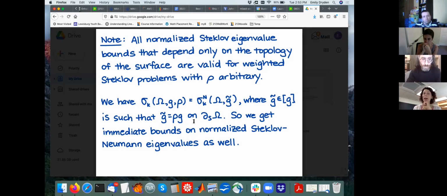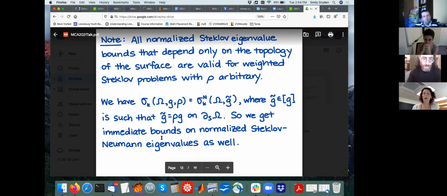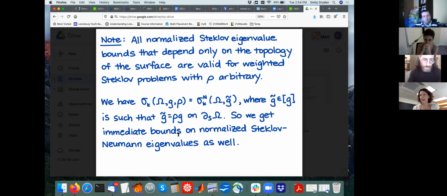Okay, so why is that? If we start with a general rho, there's going to be some new metric g tilde, conformal to the metric g that we started with, so that now we can think of it as a Steklov-Neumann eigenvalue with this new metric g tilde. Okay, so all those bounds we had in the weighted Steklov case are now bounds on normalized Steklov-Neumann as well.